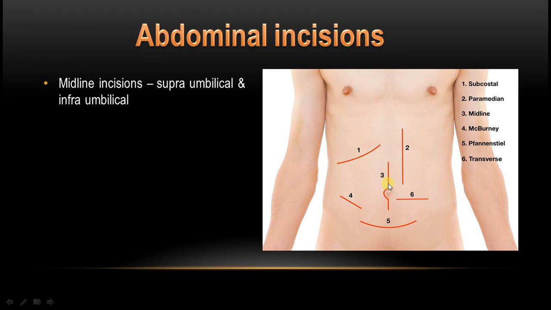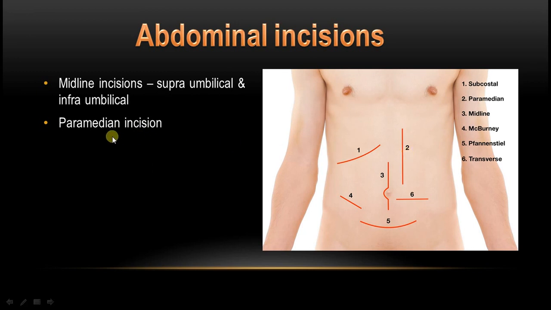So this is most preferred in case of any emergency operative procedures. The next is the paramedian incision. The paramedian incision is to gain access to paramedian structures to the left or right side, mainly on the left side for the left kidney, suprarenal gland.